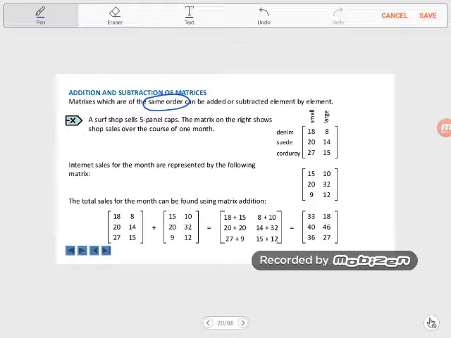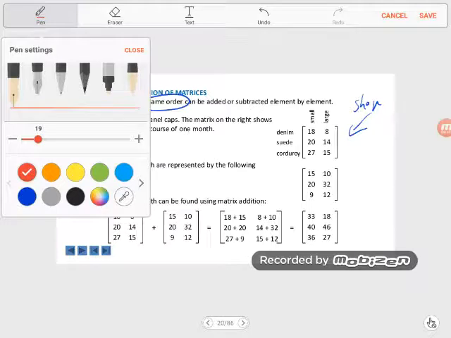Here we have a surf shop which is selling caps, and this shows the shop sales over the month in the retail store, and the internet sales are shown here.